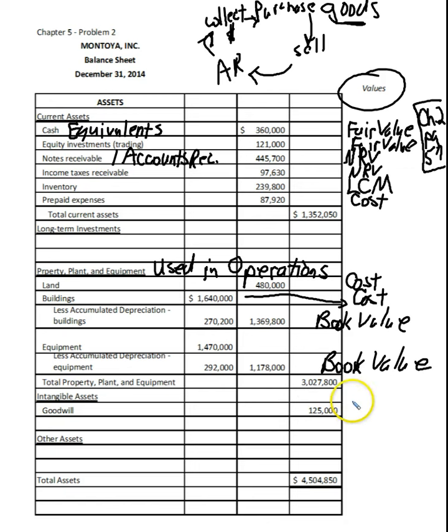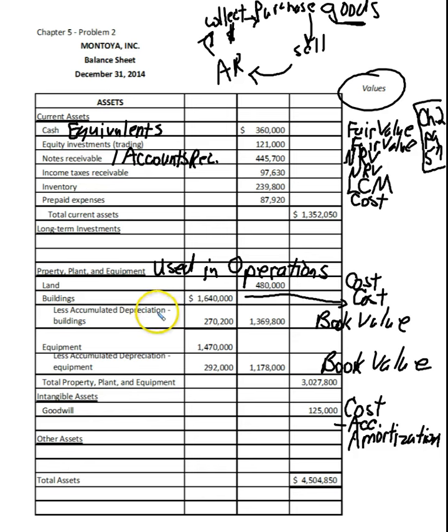Goodwill likewise gets reported at cost, but then also we'll subtract out the accumulated amortization. So we don't depreciate intangible assets, we amortize them. But the concept's the same.